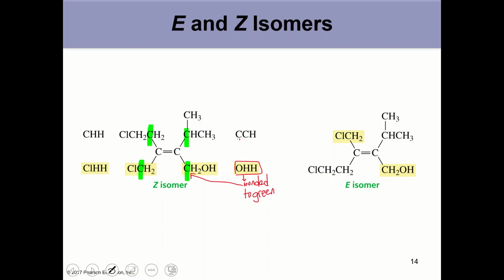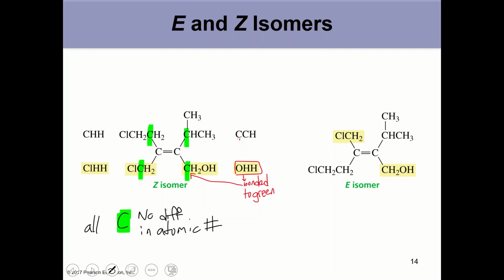Okay, there are more complicated molecules. So here's an example where the first atom bonded to each vinyl carbon is a carbon atom. I've highlighted in green that these are all carbons. There's no difference in atomic number.